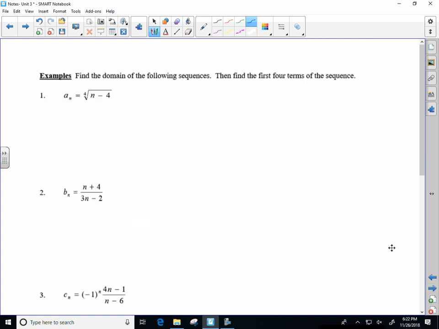All right. So the domain of the sequences, and then the first 4 terms of the sequence. Sometimes you want to do this part first. All right, the first 4 terms of the sequence.